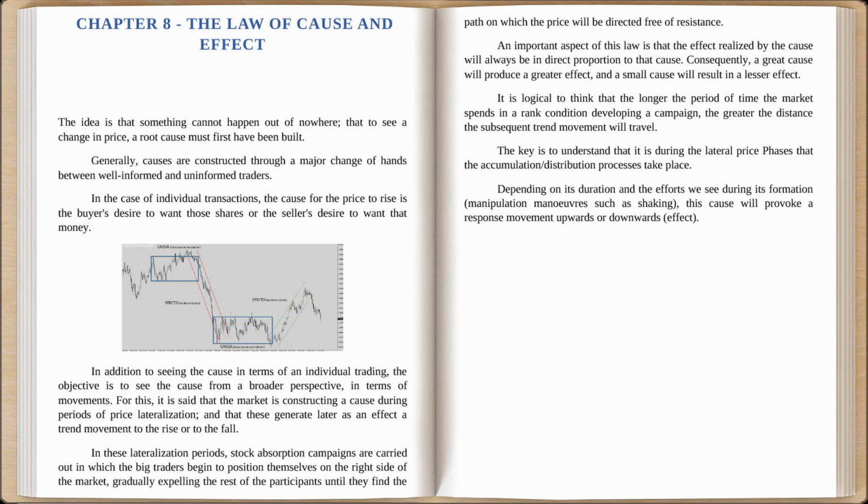The key is to understand that it is during the lateral price phases that the accumulation and distribution processes take place. Depending on its duration and the efforts we see during its formation, and manipulation maneuvers such as shakeouts, this cause will provoke a response movement upwards or downwards as an effect.